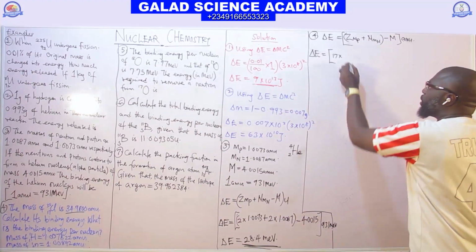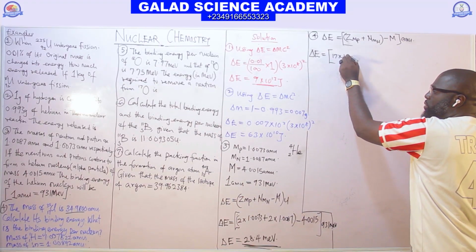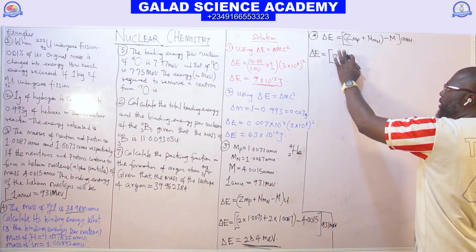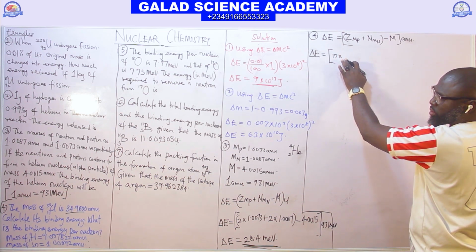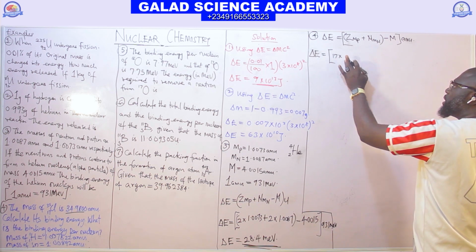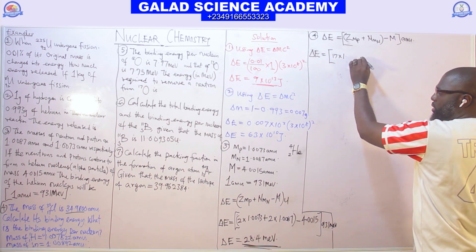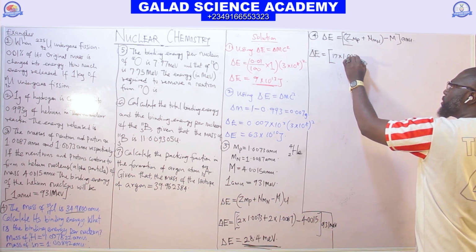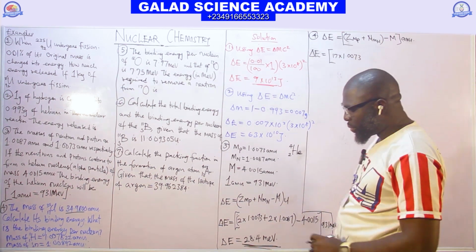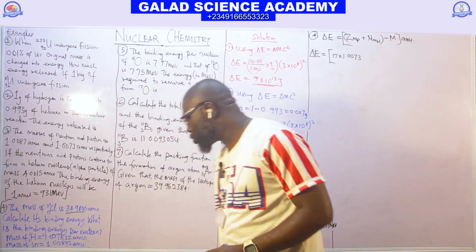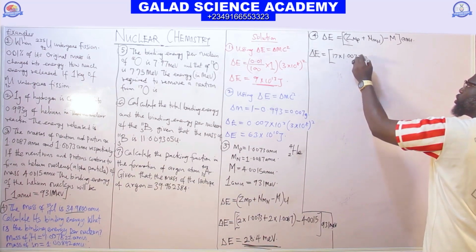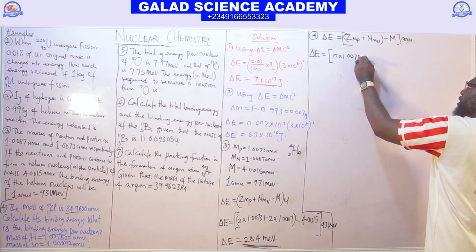The mass of proton is 1.0073, the one given here, 7822.